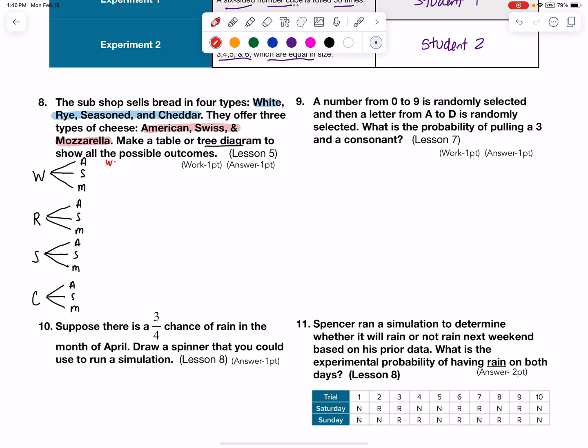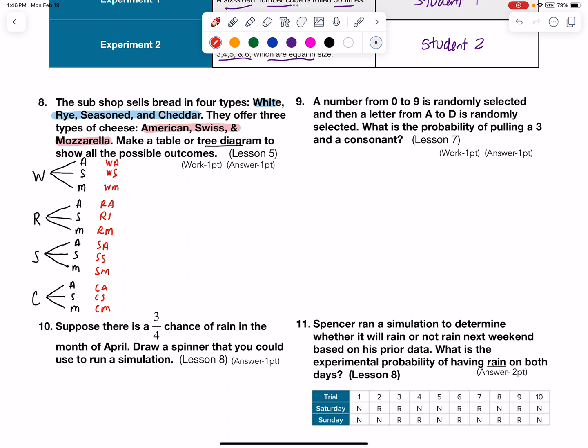So I can have WA, WS, WM, RA, RS, RM, SA, SS, SM, CA, CS, CM. Those are all the possible outcomes right there, and leaving them in that form was just fine.